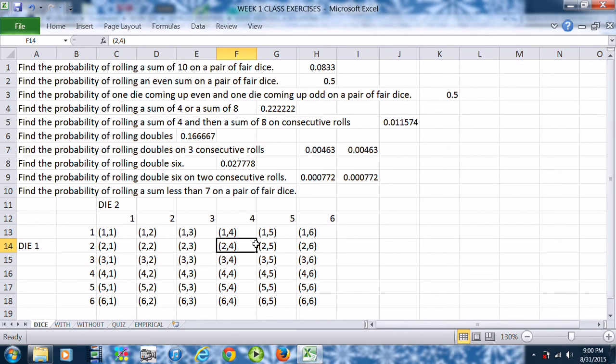There are 5 ways to get a 6, 4 ways to get a 5, 3 ways to get 4, 2 ways to get 3, 1 way to get 2. 1 plus 2 plus 3 plus 4 is 10, plus 5 is 15. So we have 15 out of 36 ways. So 0.416667, and this is just some examples of probabilities you can do rolling a pair of fair dice.